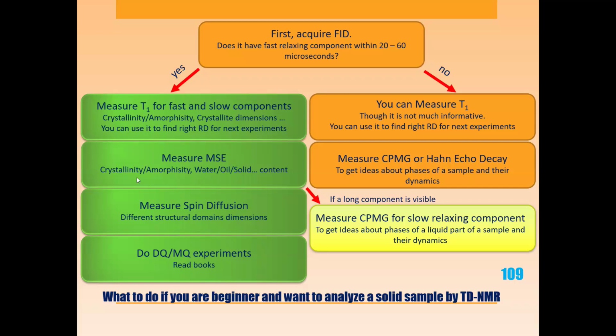Then you can estimate the same crystallinity, water content or liquid content or whatever, by measuring the FID with the Magic Sandwich Echo. Then you can implement the polarization transfer experiment, measuring spin diffusion to estimate some domain sizes.